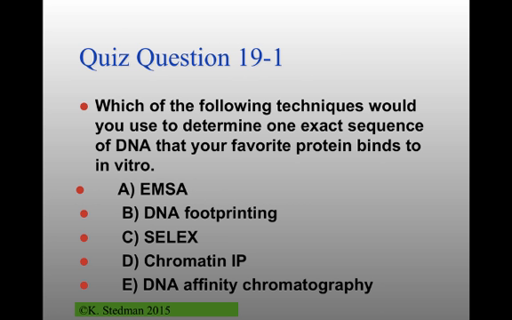And that brings us to DNA footprinting and SELEX. There may have been some confusion when I talked about SELEX. At the end of SELEX, you have a population of sequences. You have lots of different sequences that you can get a consensus sequence from, and then you can hopefully back-check with something like DNA footprinting to figure out exactly what that sequence is. So the correct answer here is DNA footprinting.